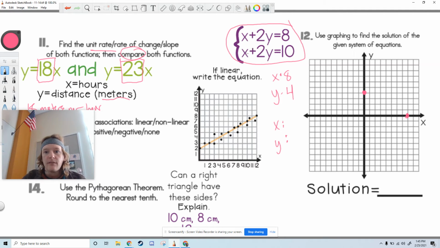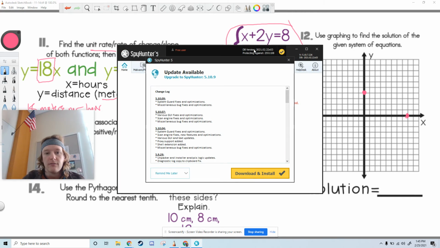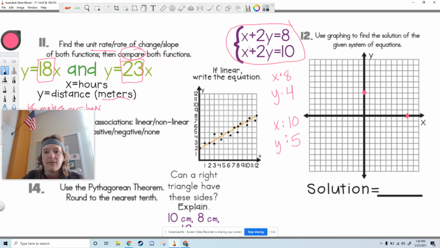For the next one, the x-intercept is where this 2y is gone. That'll be at 10. And the y-intercept is going to be 5. So x is going to be 10, y is 5. So for our next line, we'll be at 10 and 5.